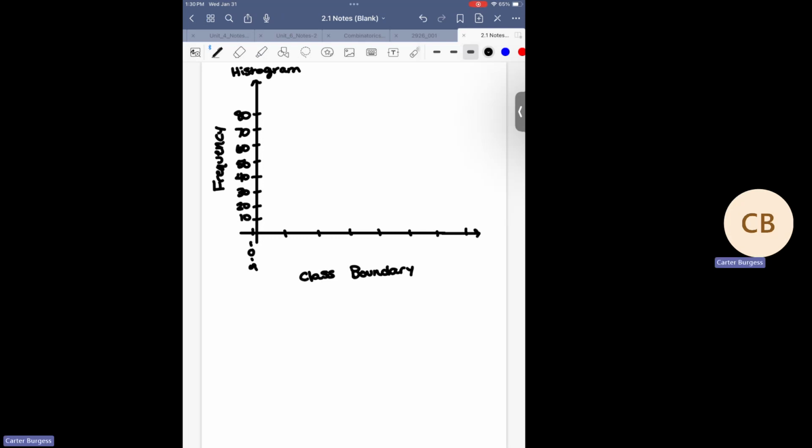So negative 0.5 to start. Then we've got 10.5, 21.5, 32.5, 43.5, 54.5, 65.5, and 76.5.